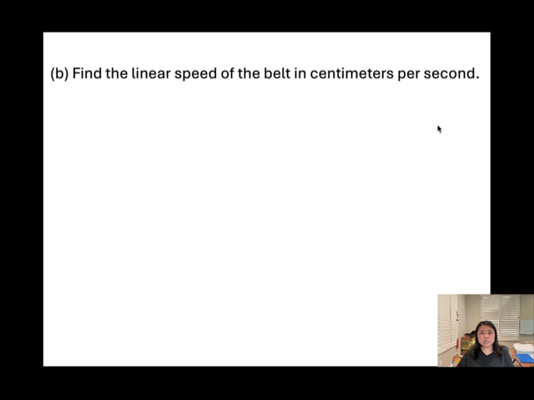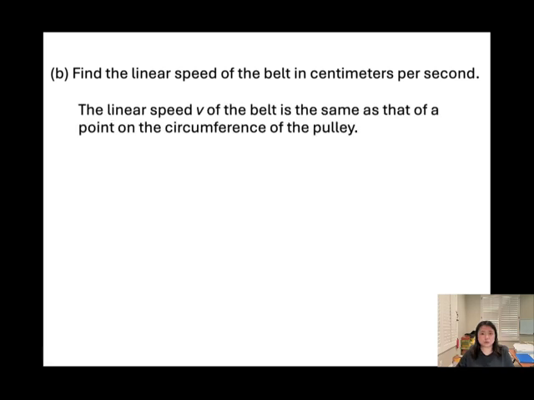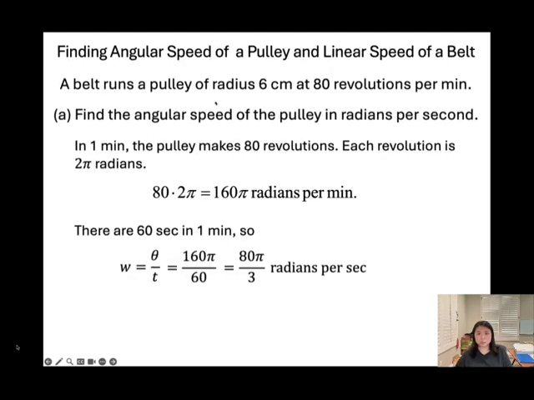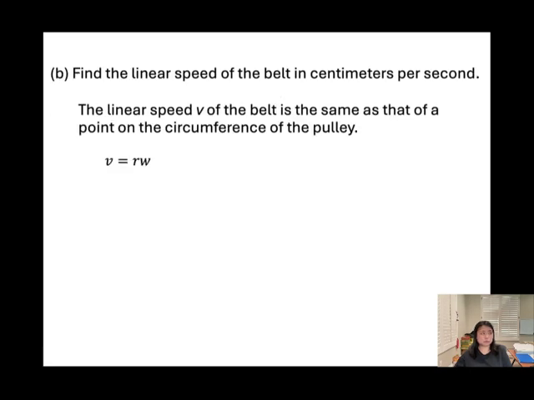Part B: find the linear speed of the belt in centimeters per second. Again, per second. We are looking for V, and it should be the same idea as part A. We could use the formula V equal to R omega. R is equal to 6 centimeters, and omega we find from part A, which is 80 pi over 3.